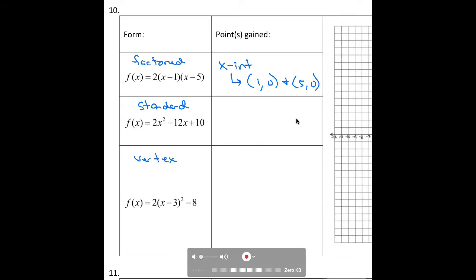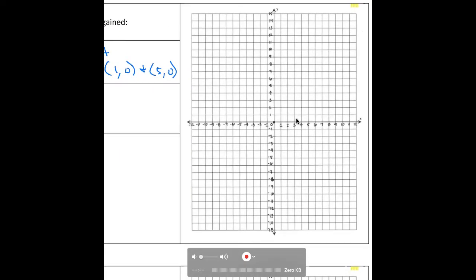I'm going to plot those on my graph. (1, 0) is to the right 1 and 0 up or down. (5, 0) is to the right 5, 0 up or down. And that makes sense because they cross my x-axis.